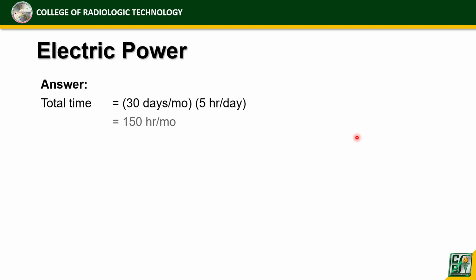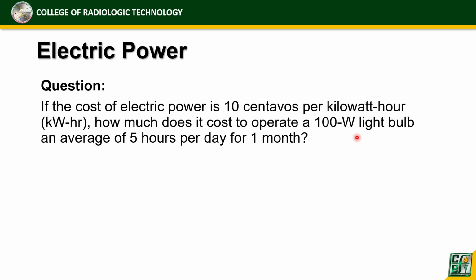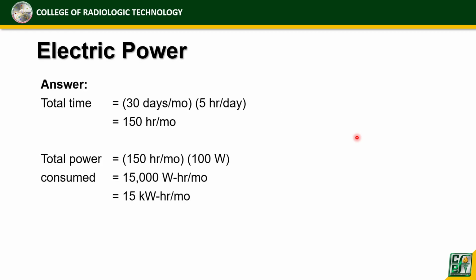15 kilowatt hours per month. So how much is one kilowatt hour? 10 centavos. Right? So if it's 10 centavos per kilowatt hour, we have 15 kilowatt hours.